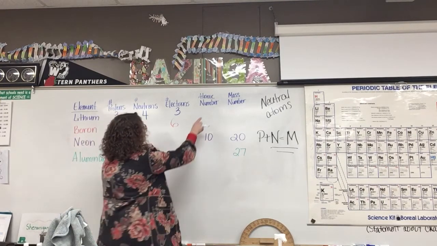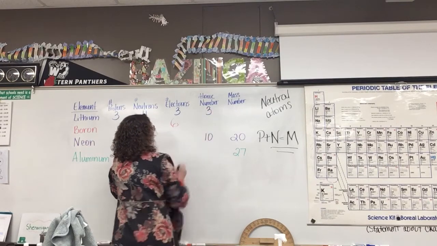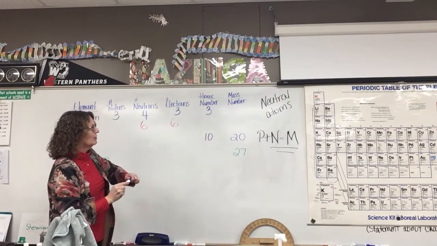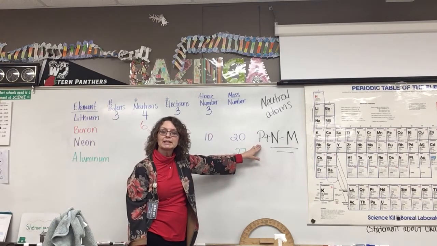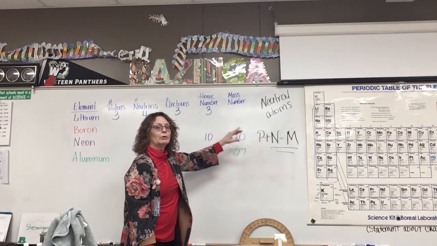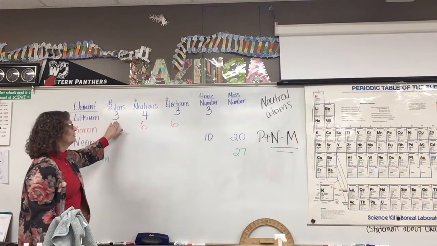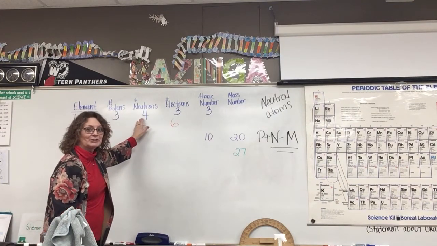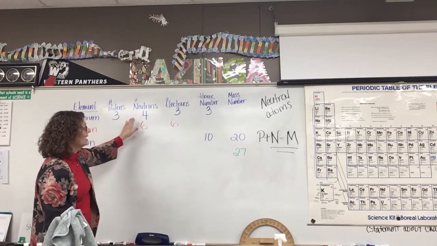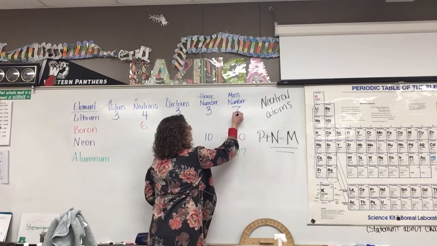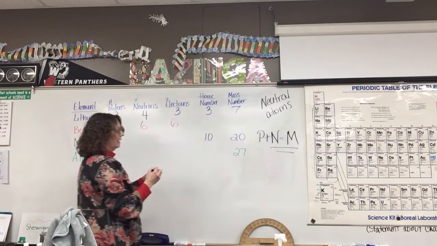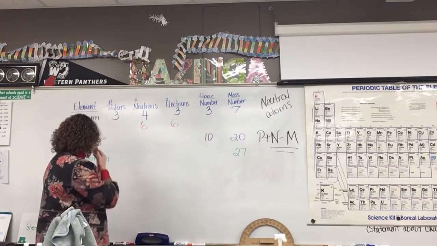Now, how am I going to find the mass? Well, I know protons plus neutrons equals mass. So I was given protons and neutrons. So 3 plus 4 equals 7. All day, every day.